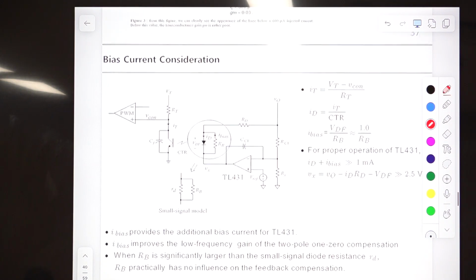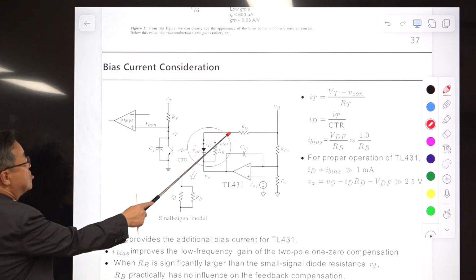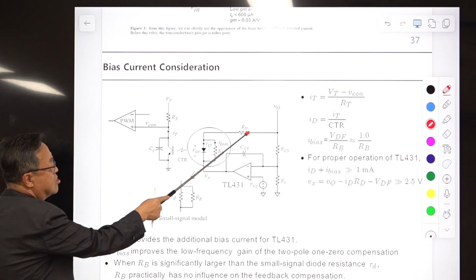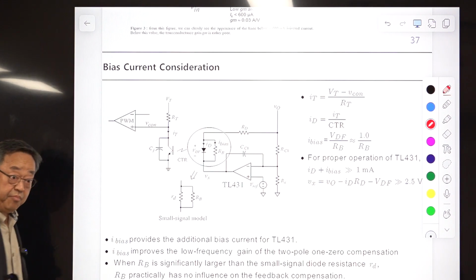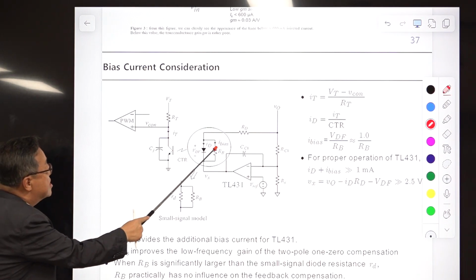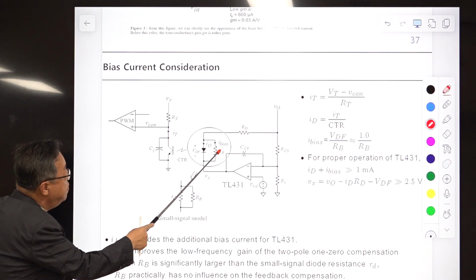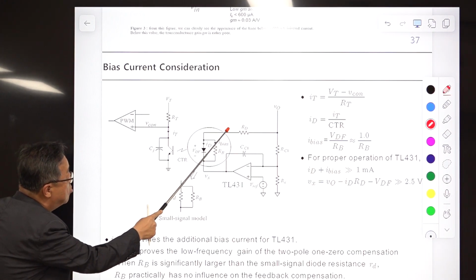And the bias current condition is important. So for some reason, this current is smaller than 1 milliamp due to some distraction. Then you add this RB. Then RB is carrying current. That current is not coming from here.